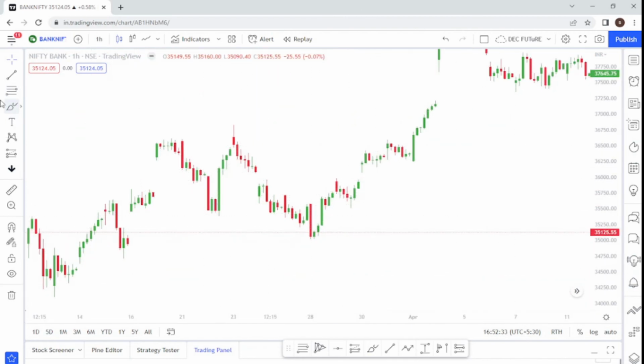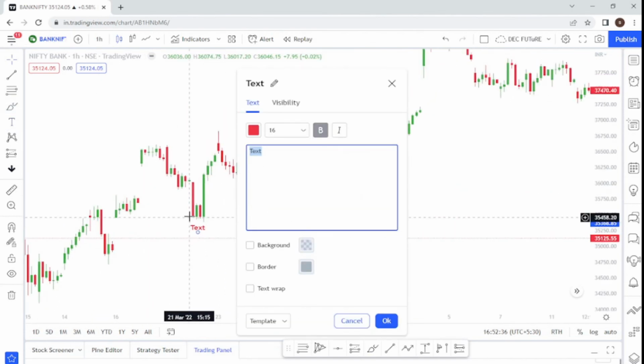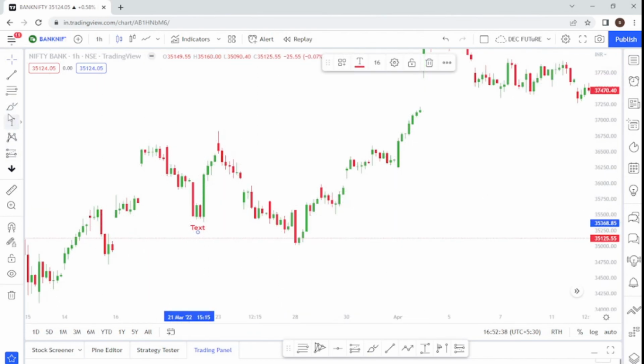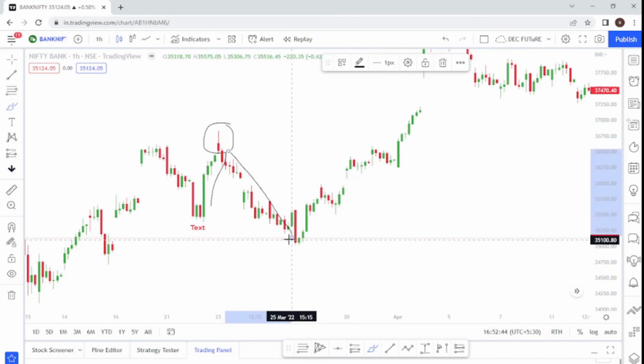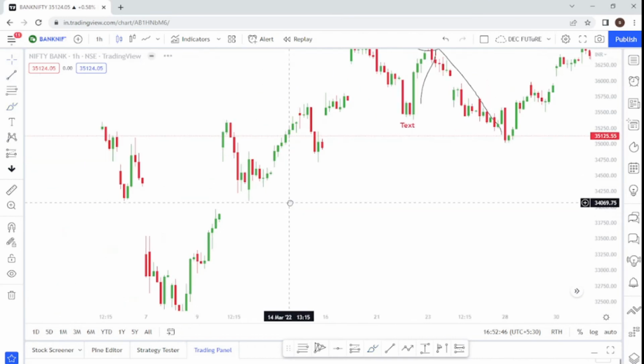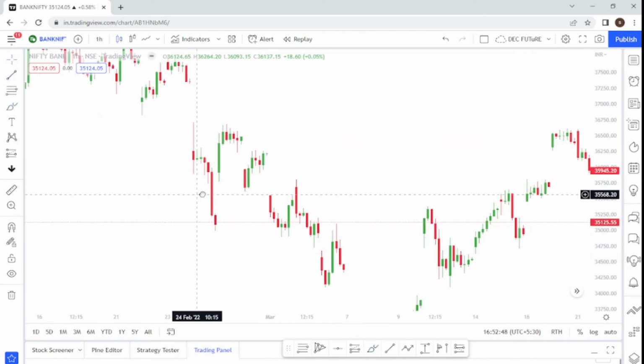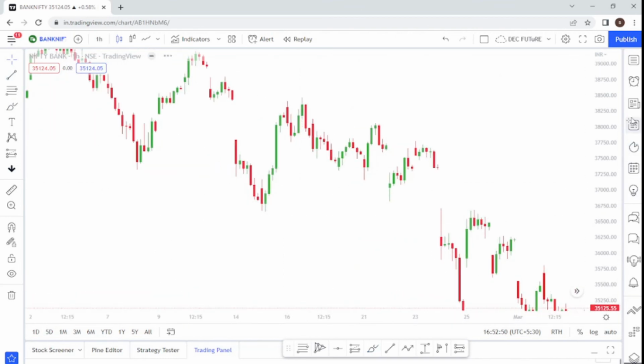Here it is. The price tends to go upside, followed by a shooting star. A shooting star was created here, and then finally the price tends to come downside, right? Now we'll see a few more if we can find.